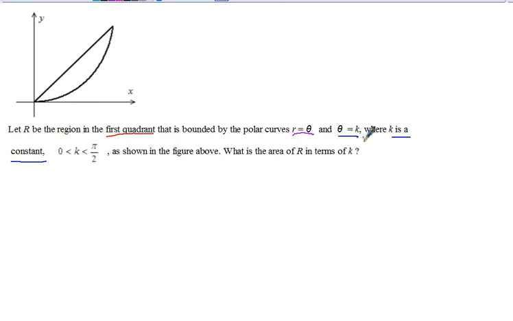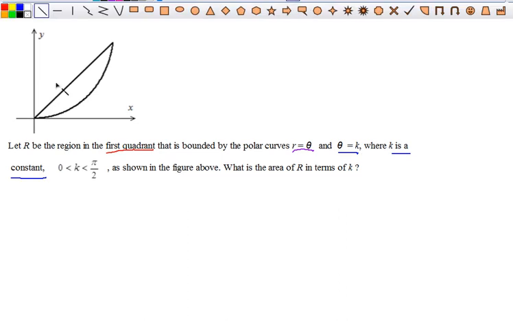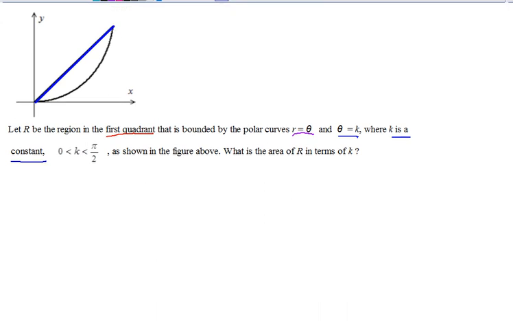So this one, right here, this is theta equals k. This time the only difference is we don't know what that angle is yet. What we do know about it though is it's got to be somewhere between 0 and pi over 2. And we want the area of R in terms of k. Remember what that means? We're not going to get a specific number like we did on the last one. We're going to answer based on what k is.